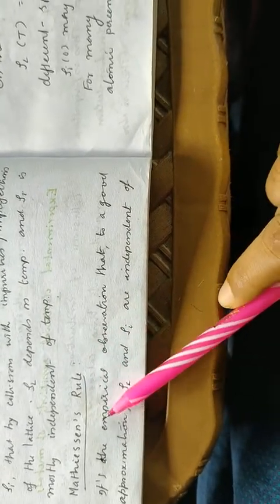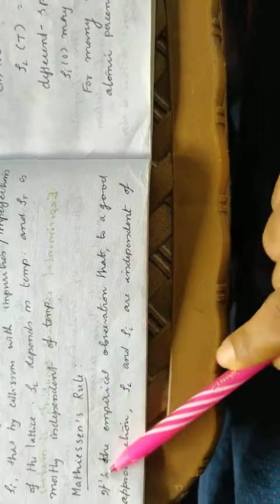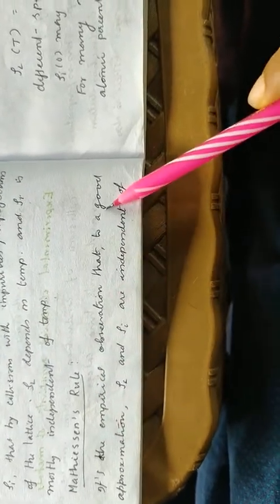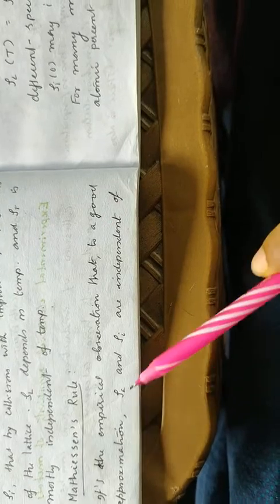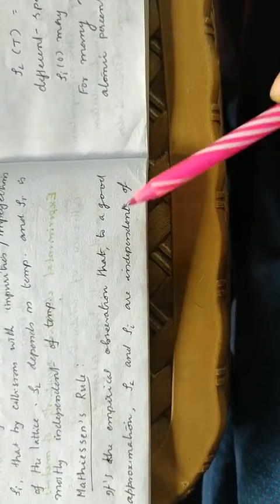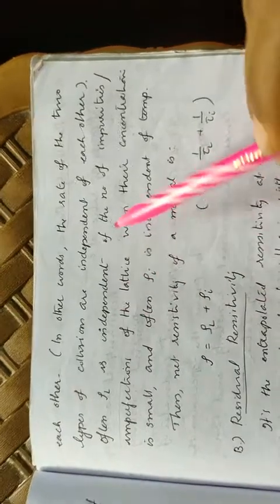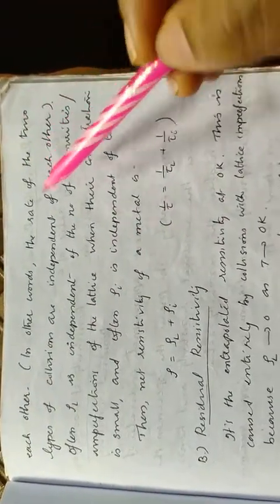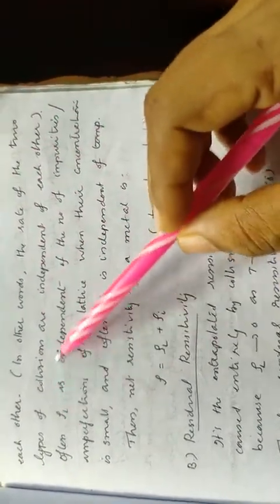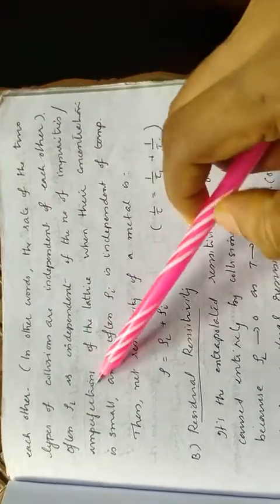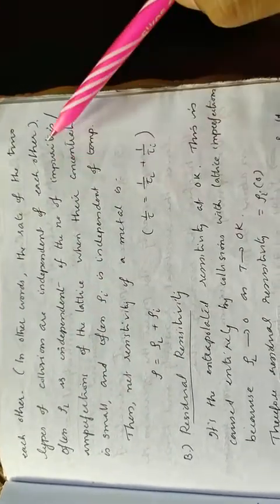This rule says, as an empirical observation, that to a good approximation rho L and rho I are independent of each other. That is, the rates of the two types of collisions are independent of each other. Often rho L is independent of the number of impurities.